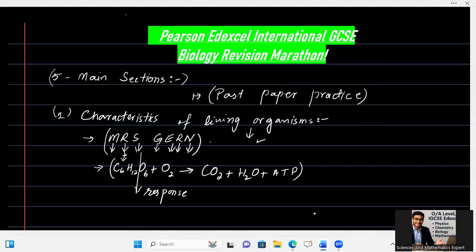Growth is a permanent increase in the size of an organism, measured by an increase in dry mass.